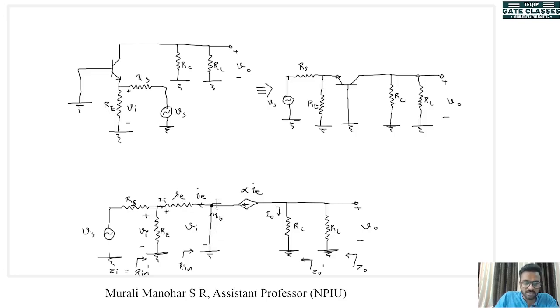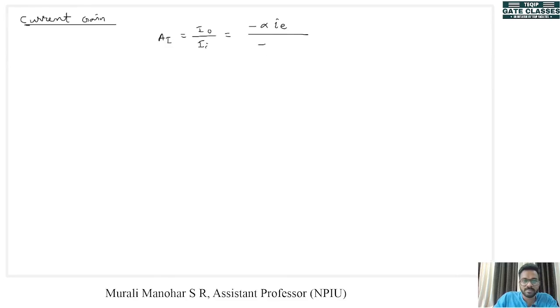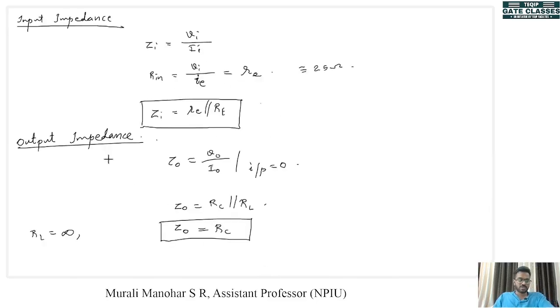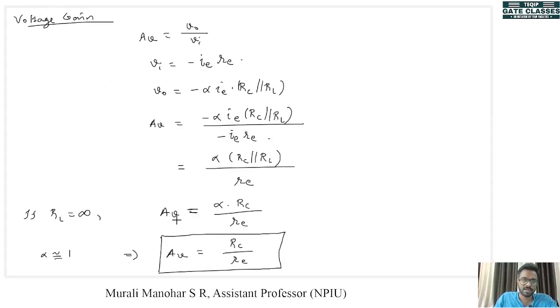So Ii is equal to minus IE. So we get AI as alpha, and we know that alpha is approximately equal to 1. So AI is approximately 1. This is the current gain of the common base amplifier. So here we have all the important parameters: input impedance, output impedance, voltage gain, and current gain.